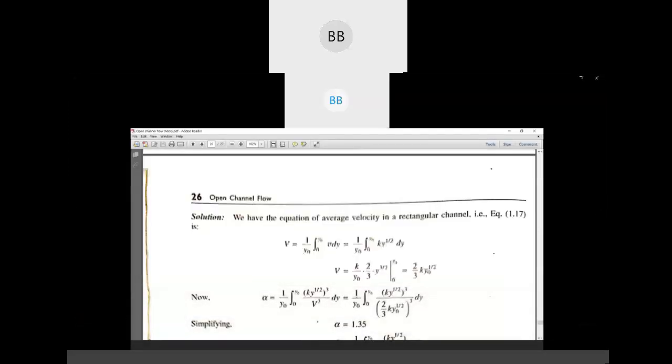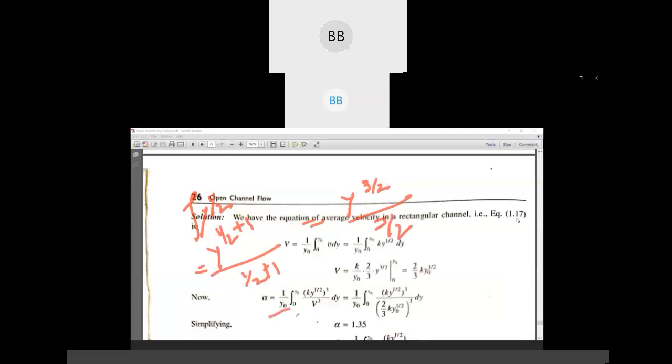When you integrate y to the power half, it will be y to the power 1 by 2 plus 1, divided by 1 by 2 plus 1. So half plus 1, it is 3 by 2. So you can write y to the power 3 by 2 divided by 3 by 2. This is simple integration.